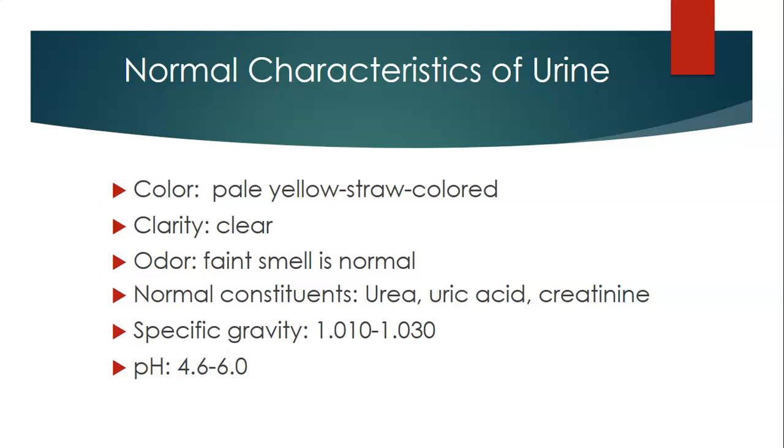Specific gravity should be about 1.01 to 1.03. We'll go into a little bit of detail coming up on why it might be one way or another. And then, of course, pH should be about 4.6 to 6.0.